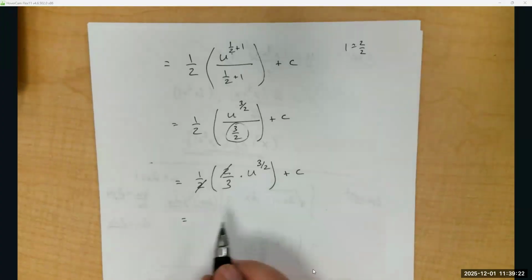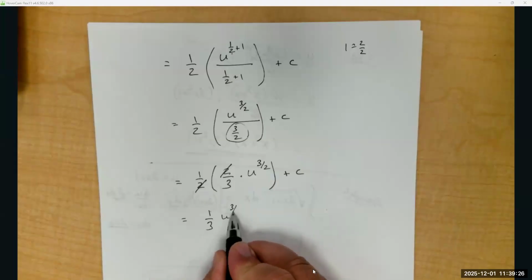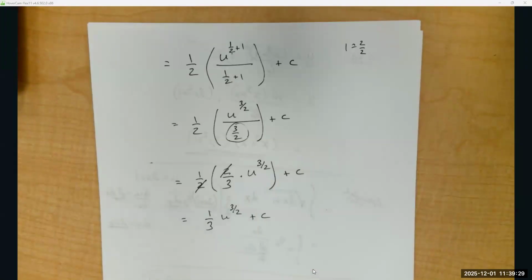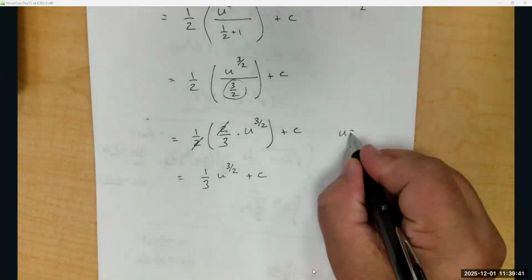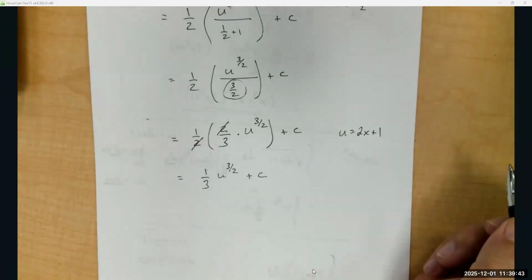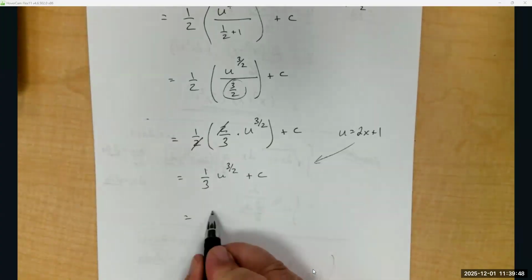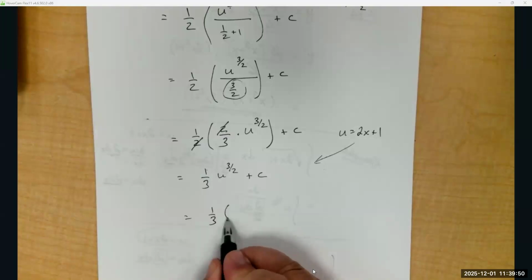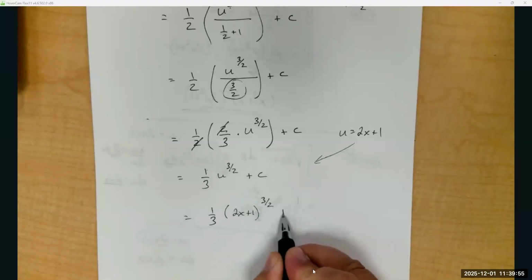So the 2's cancel. So we have 1/3 u to the power 3/2 plus c. Are we done? What do we need to do? Remember, u was 2x plus 1. So put this back in there. We get 1/3 (2x plus 1) to the power 3/2 plus c.